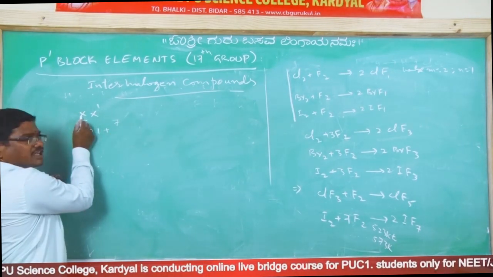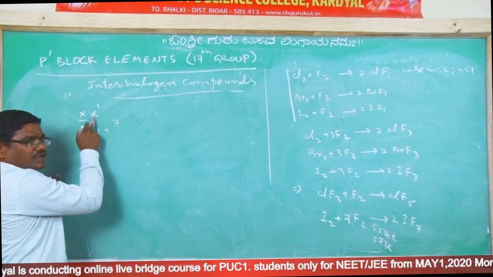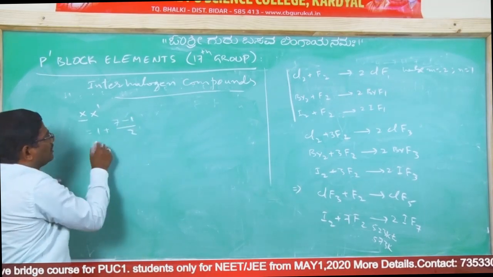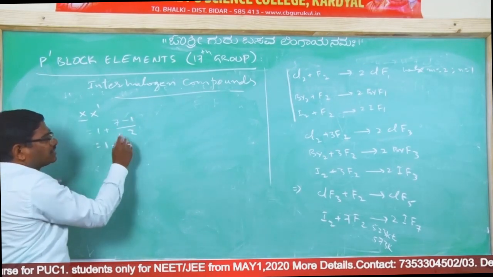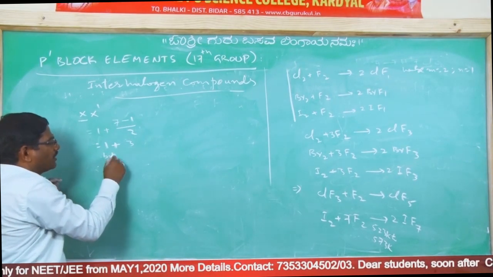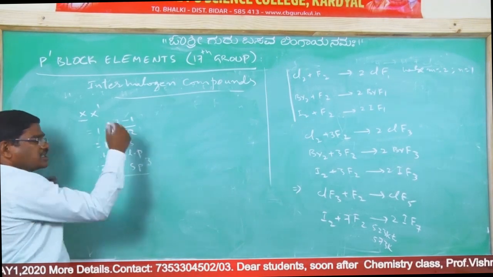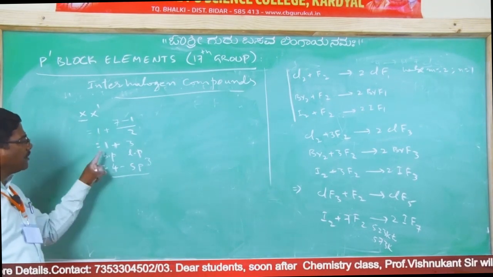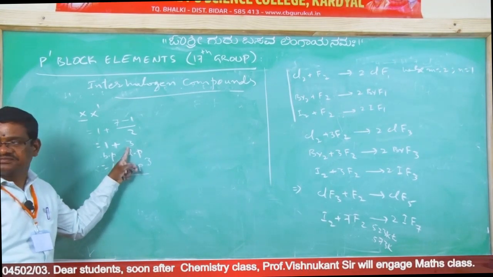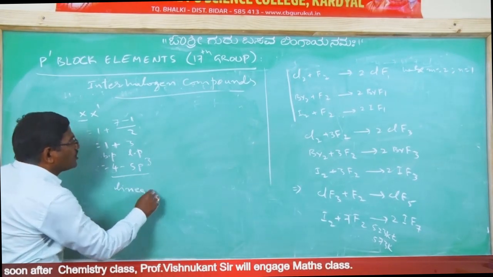Then the oxidation number of X: X minus 1 equals 0, X equals 1. So therefore 1 we have to subtract. Thus 1 bond pair with 3 lone pairs, total number of pairs of electrons for sp3 hybridization. sp3 hybridization with 1 bond pair and 3 lone pairs is linear in geometry. Clear na? Linear in geometry.